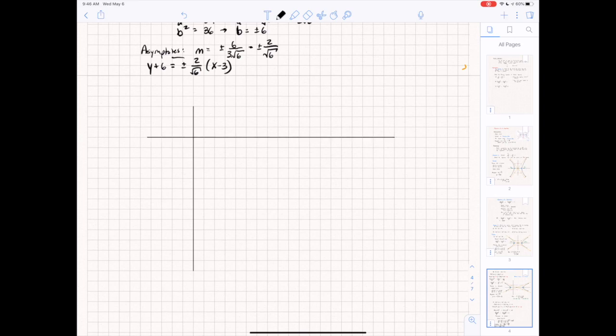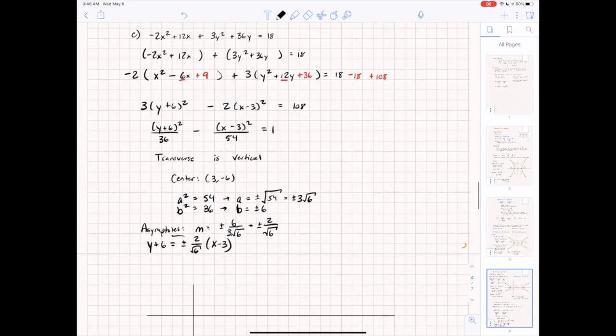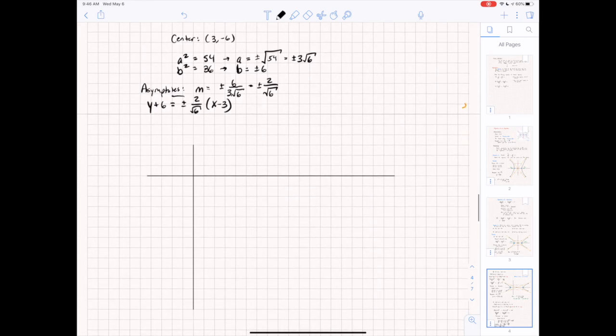So here are my axis points. Now the center was located at, let me scroll back up here. Oh wait, there it is. The center is at (3, -6). So 1, 2, 3, and then going down 6: 1, 2, 3, 4, 5, 6. Here is my center right here.